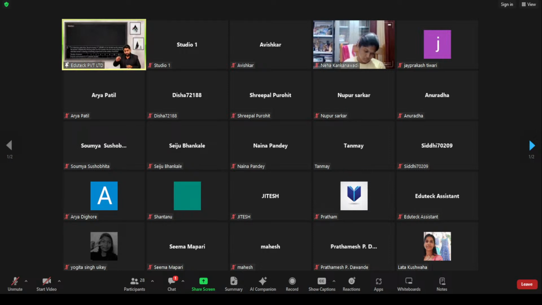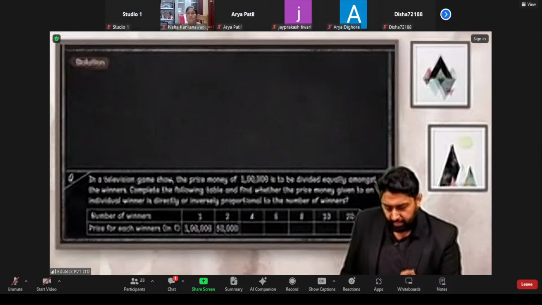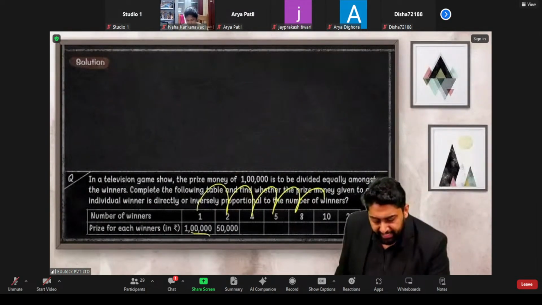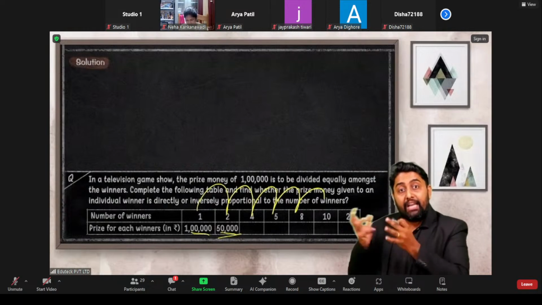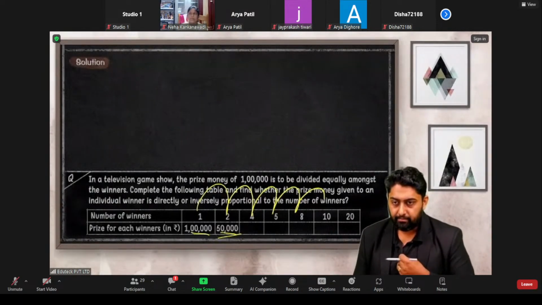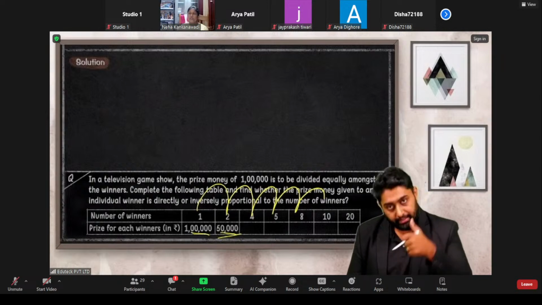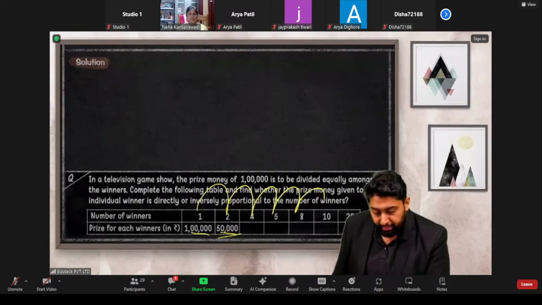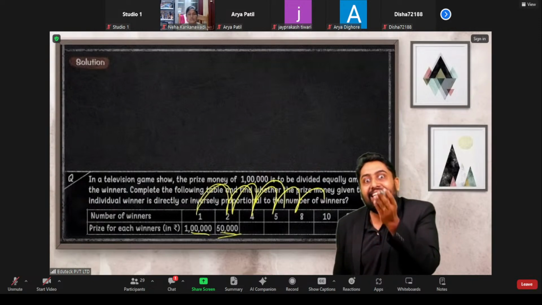Now, talking about the very important part, just tell me, if we get more winners, will everyone get the same amount of 1 lakh rupees, or will the amount start decreasing? Decreasing, sir. Now, when is the amount decreasing? When the number of winners is increasing.